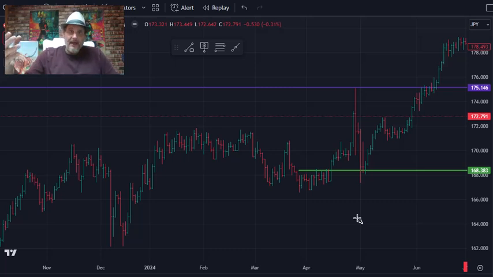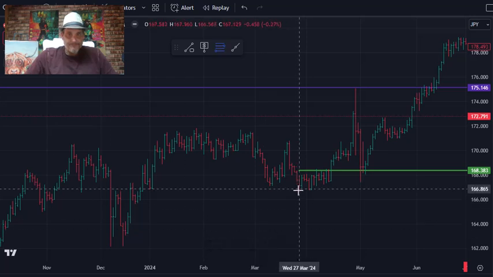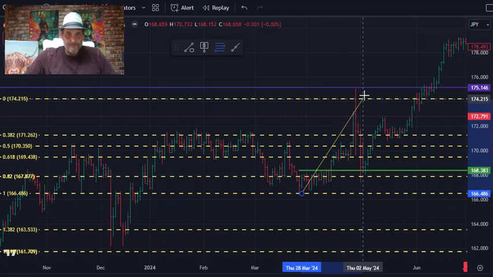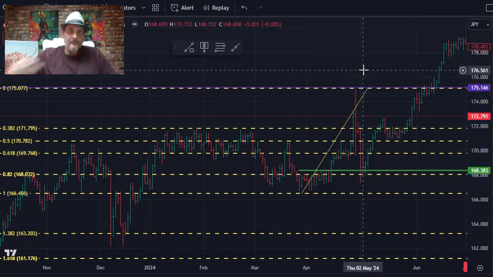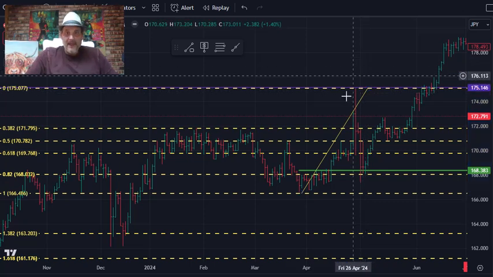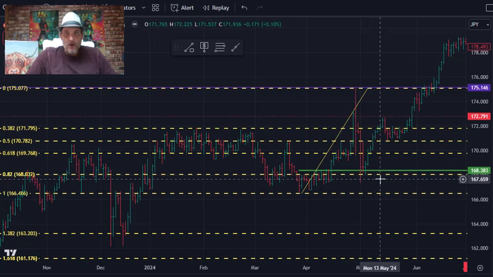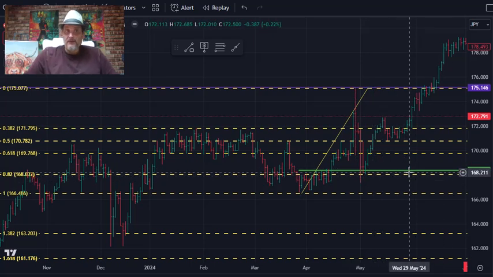But it would be helpful for us to measure a Fibonacci retracement from the low. And we basically have a 0.82 right by our 168.38. So that's a confluence of points.